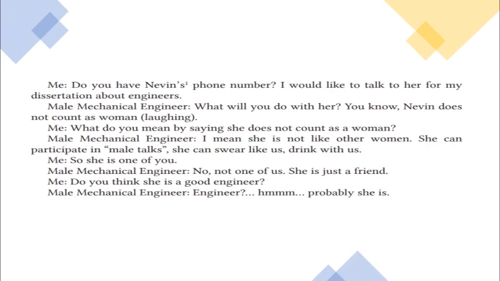For him, Nevin, that female engineer, doesn't count as a woman because she acts like a man according to his biases, but also doesn't count as a man and isn't included in the man club because she's a woman. When the topic came to engineering skills, he was more surprised and dubbed the answer.